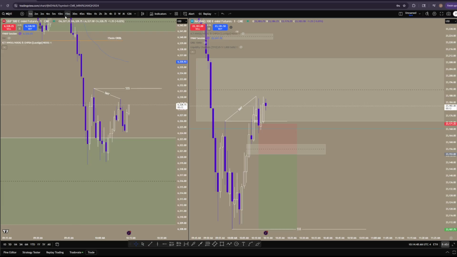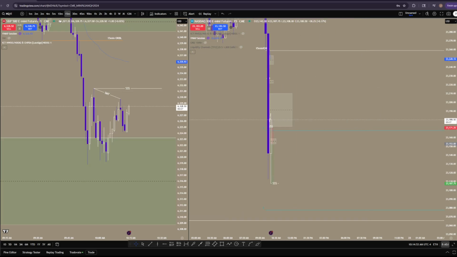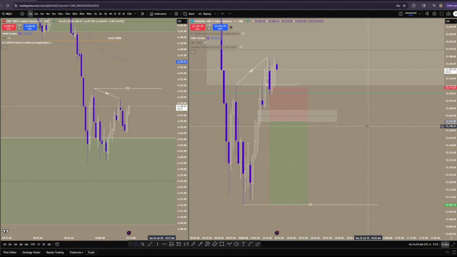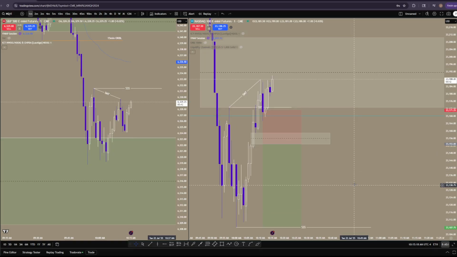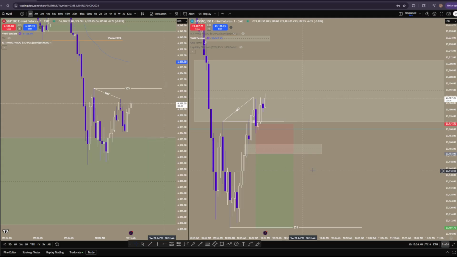We are about to form a 15 minute SIBI here as well. Yeah, we'll see if these longs start stepping in, guys.